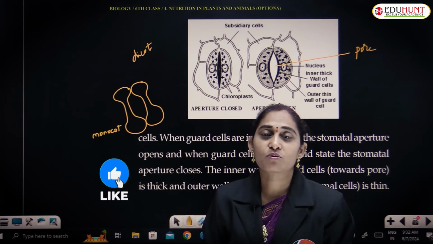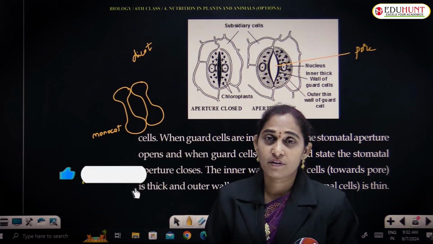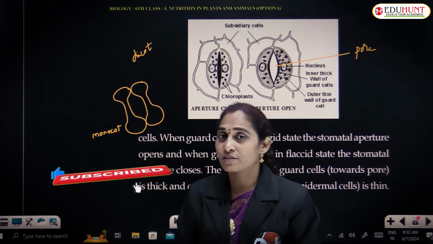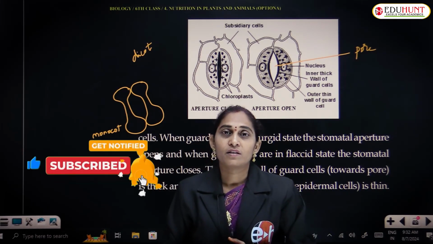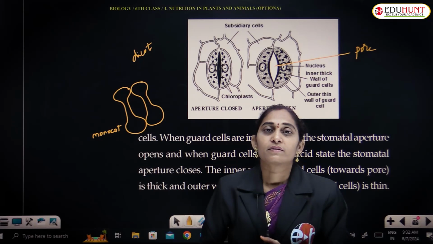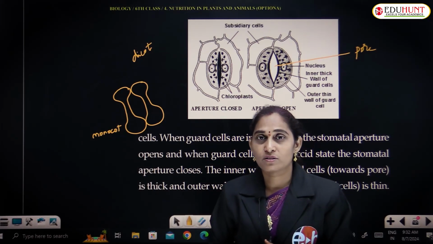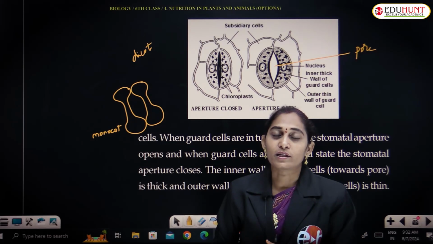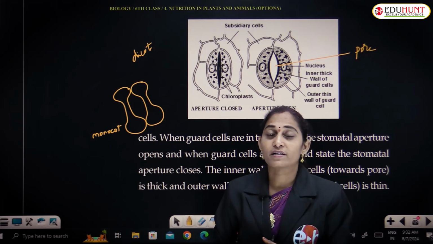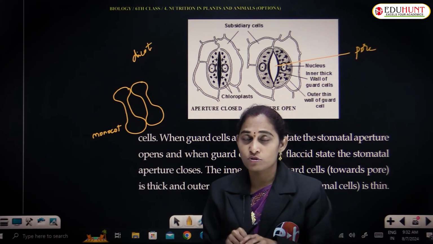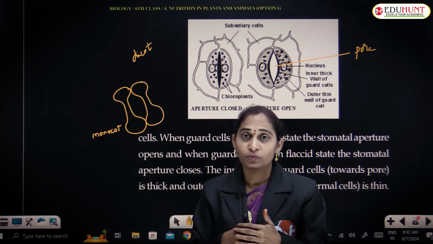For that they show some adaptations. We have seen ecological adaptations in the previous chapter. Even now, the plants show some adaptations like thick cuticle and presence of sunken stomata. Stomata are not exposed outside; they are present in some cavities.